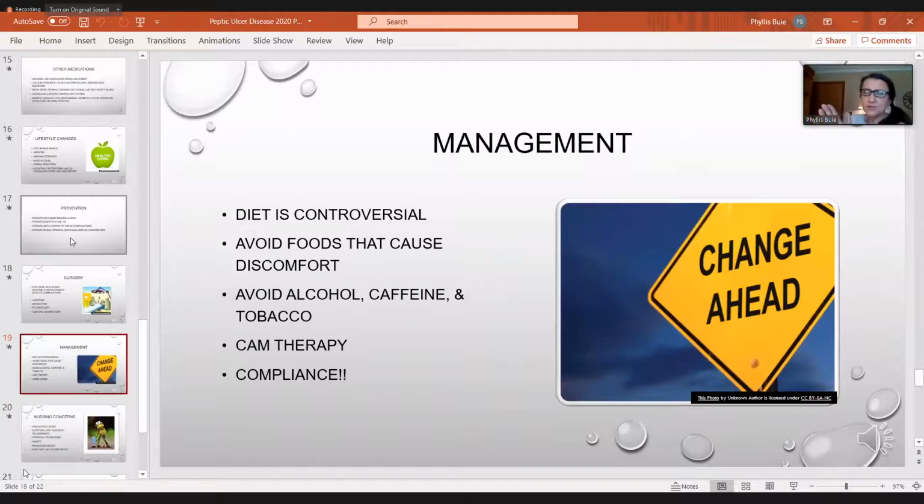Okay, so how are we going to manage these patients? We've already talked about the diet being controversial and avoiding the foods that may cause discomfort, because what causes discomfort in me may not cause discomfort in you. We want to encourage them to avoid alcohol, caffeine, and tobacco. Now, that can be a tough thing, because it may be somebody that will tell you right up front that they are not going to stop smoking, or they're not going to stop drinking alcohol.